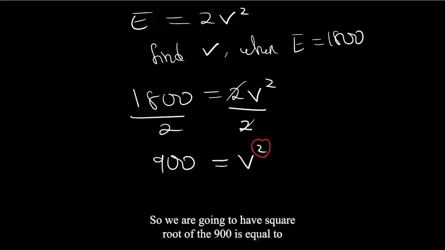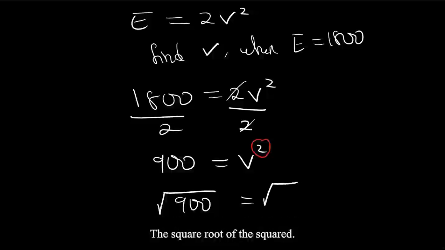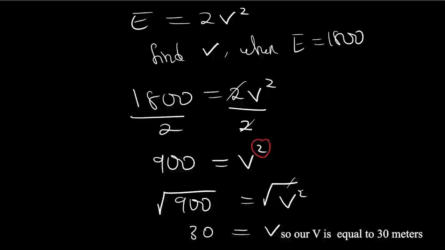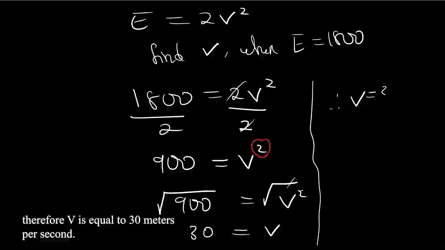So the square root of 900 is equal to the square root of V squared, and this gives us 30 equal to V. Therefore, V is equal to 30 meters per second.